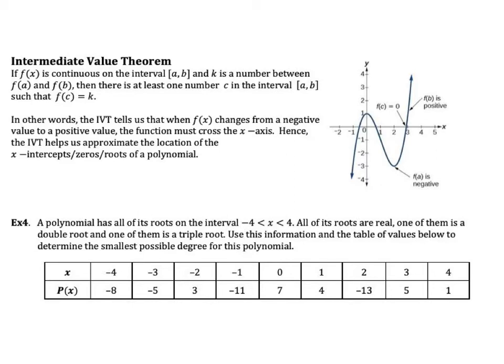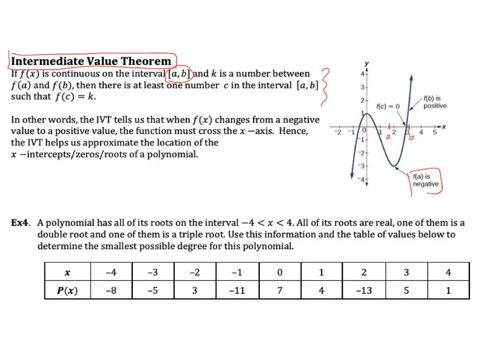Okay, let's talk about the intermediate value theorem. This is the original definition of the intermediate value theorem. It says if f of x is continuous over some interval a to b, so those are x values, right? This is a, this is b.